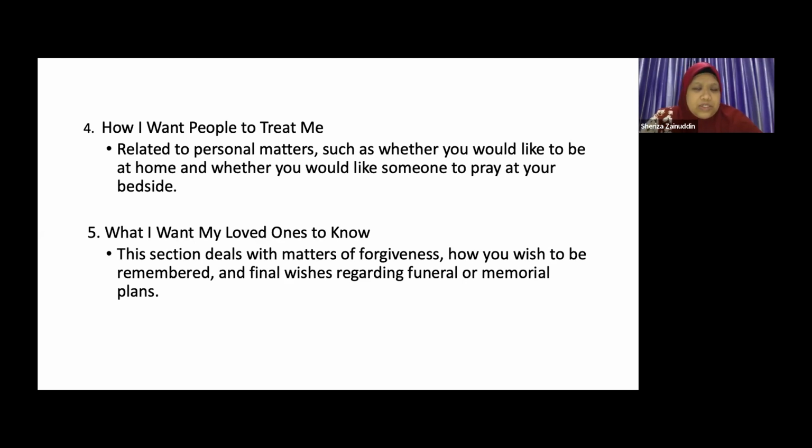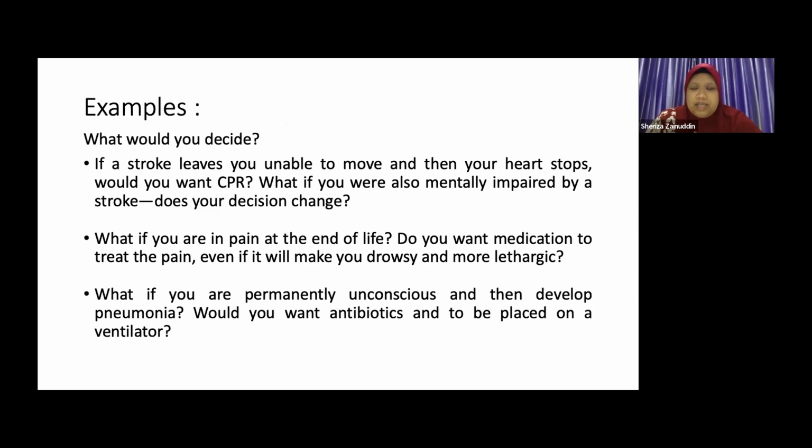And the last question to address would be, what would the patient want the loved ones to know? This usually refers to their last wishes, and sometimes also to legacy, what they want to be remembered as. So these are, I would say, a summary of the ACP questions we ask or would like to compile.